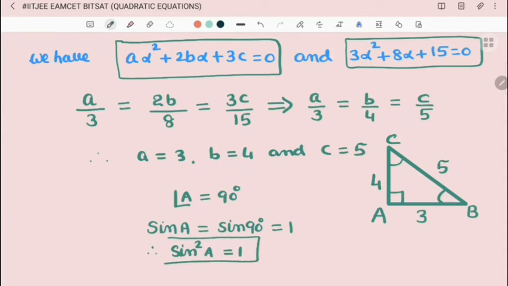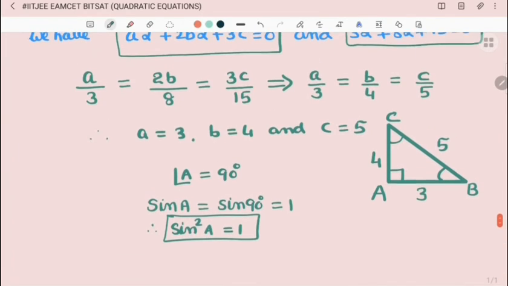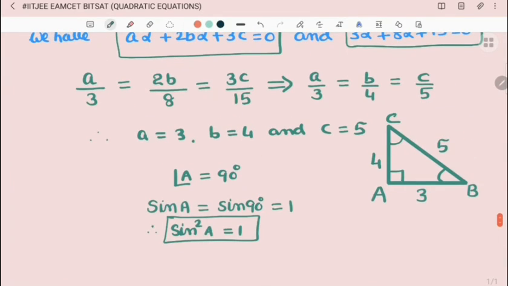We got one of the values. Again from the same figure, sin B is equal to, from the angle B, opposite by hypotenuse. So 4 by 5. Next, sin C.